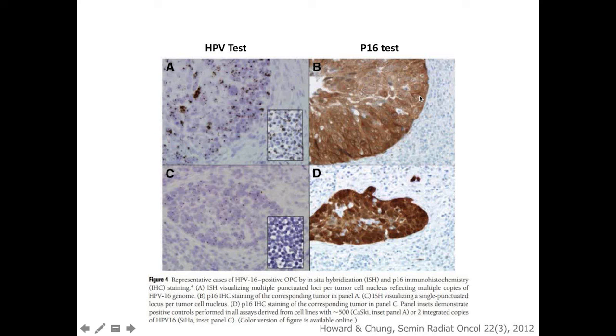There are situations where we do both tests and the HPV test is negative, but the P16 test is positive, and typically that is interpreted as we just missed the virus; the test wasn't accurate enough to find the virus, but because the P16 is positive, we really believe that it's there. We just couldn't find it. So P16 positivity is the most common way that we check for the human papillomavirus in your cancer specimen.